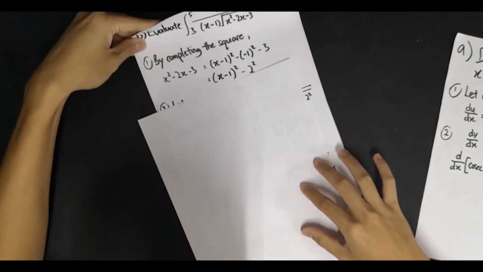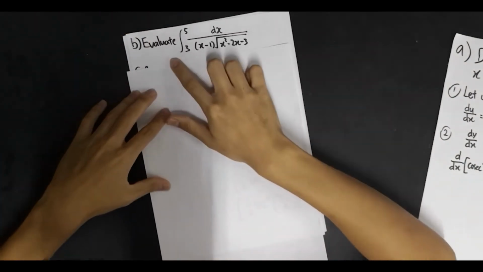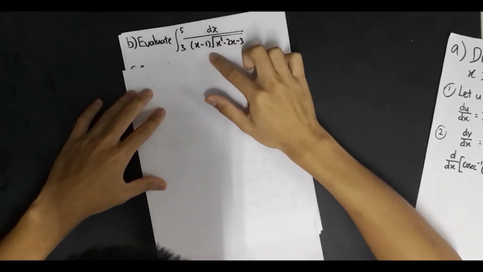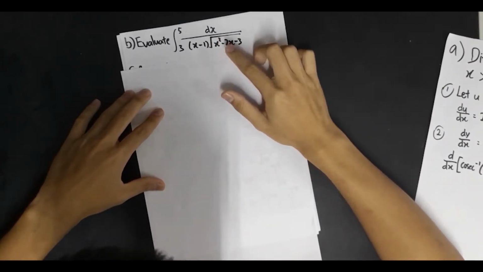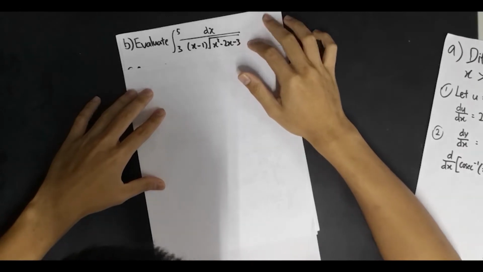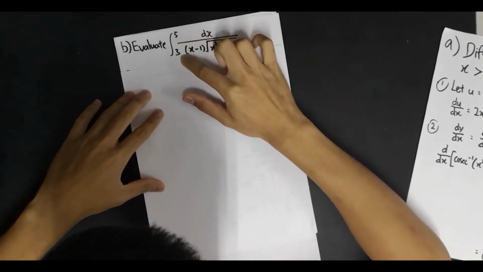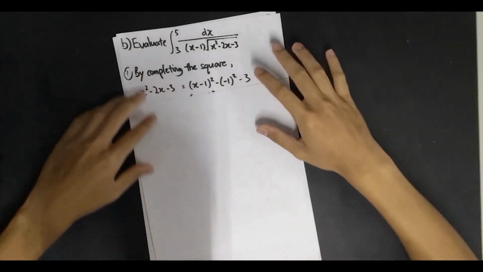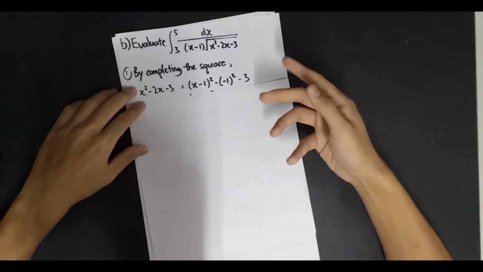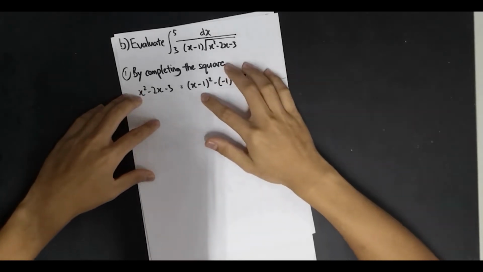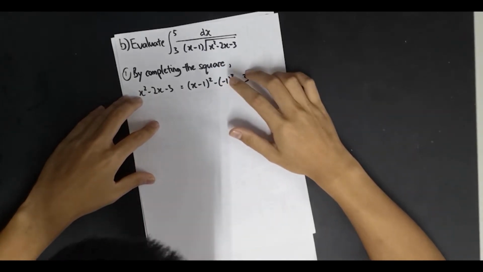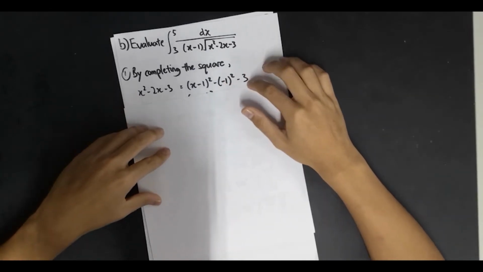Question 2. Evaluate dx over (x minus 1) square root of x squared minus 2x minus 3, from the value 3 to 5. Step 1, by completing the square, x squared minus 2x minus 3 equals (x minus 1) squared minus 1 squared minus 3.